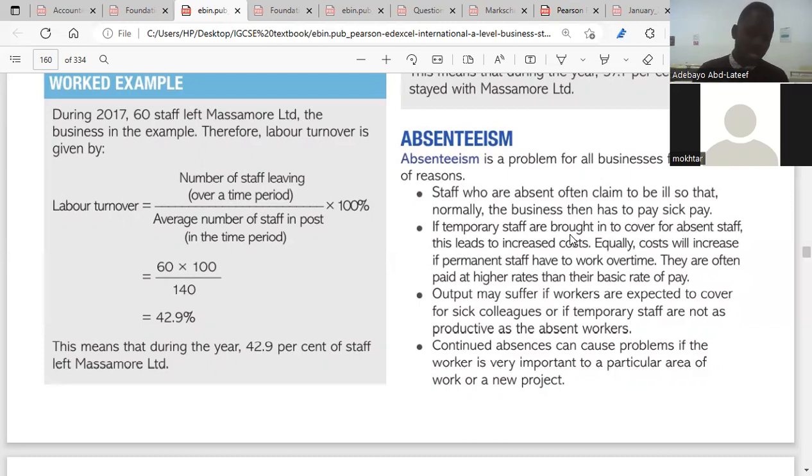A business might do that by recruiting temporary staff, and if temporary staff are recruited, they have to be paid. Or they give the workers additional work to do, which means they have to work overtime. And working overtime would mean that they have to pay them higher than what they used to pay them on a daily basis, which means the cost of the firm will increase.